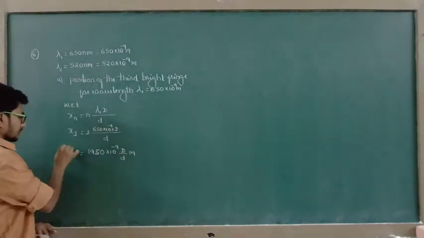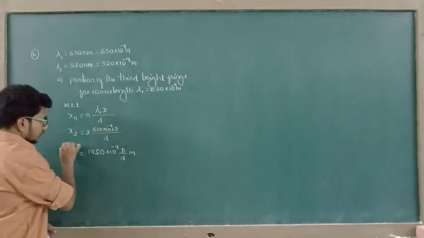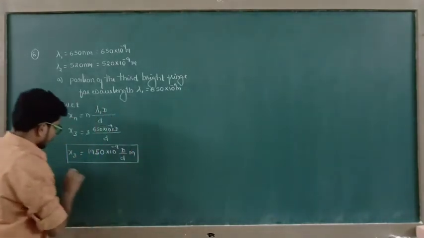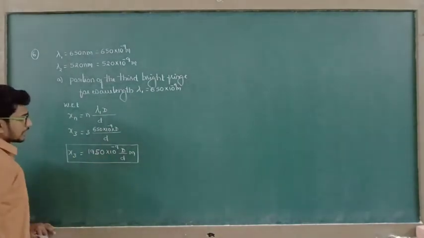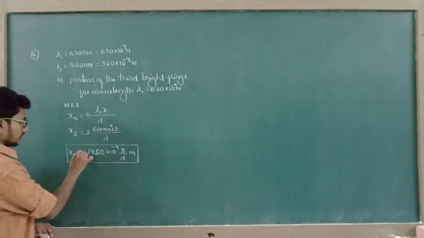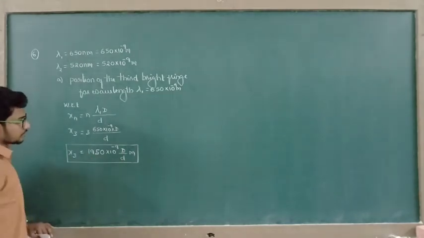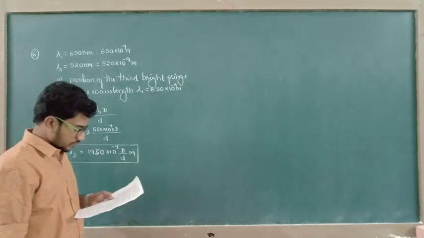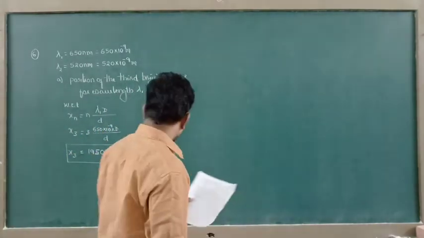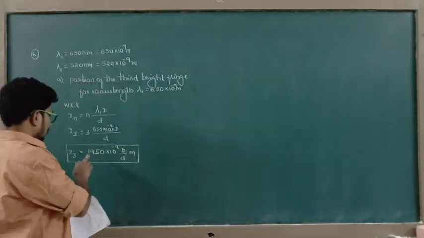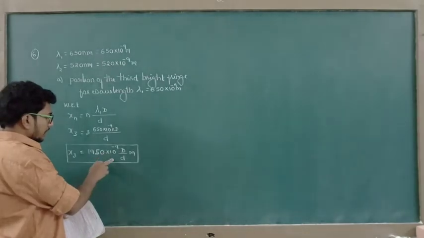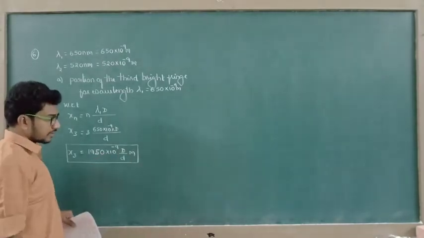This is the answer, because here we don't know capital D and small d. Or you can write 1950 capital D by small d nanometer. That is also a correct answer.